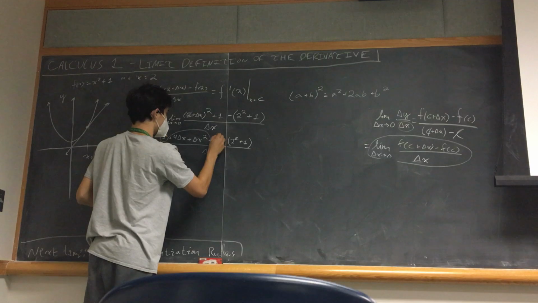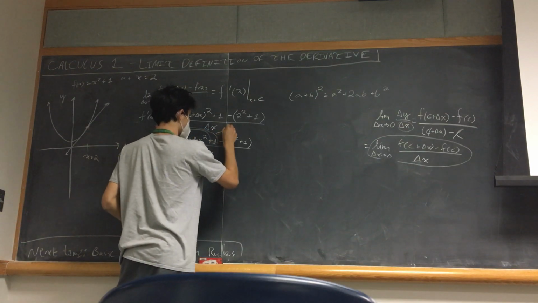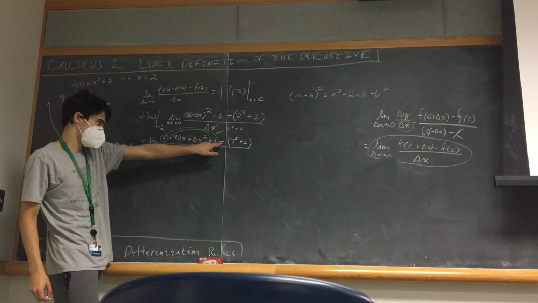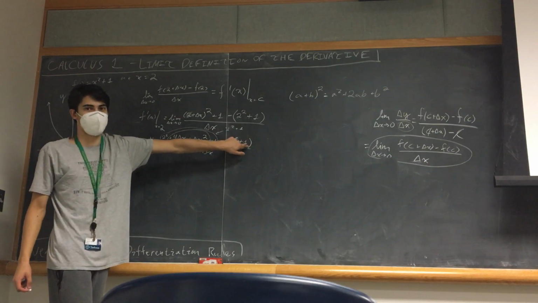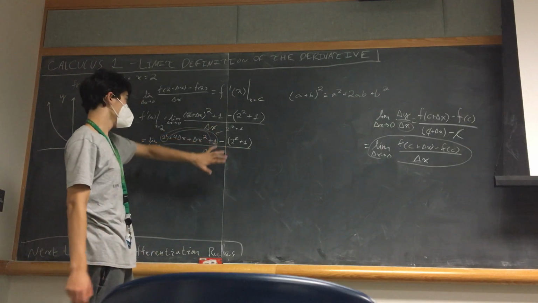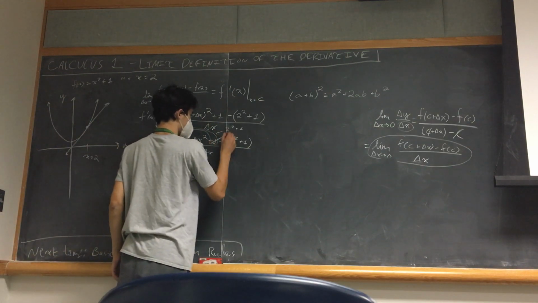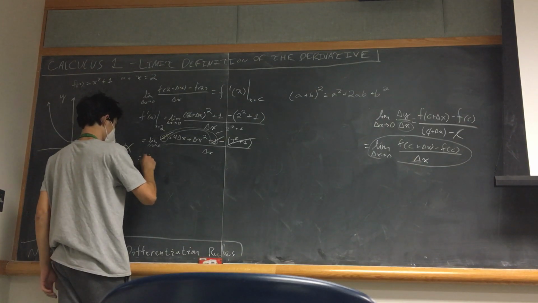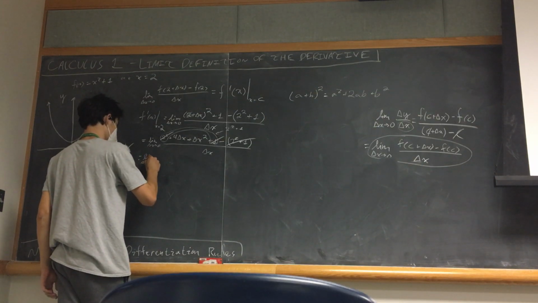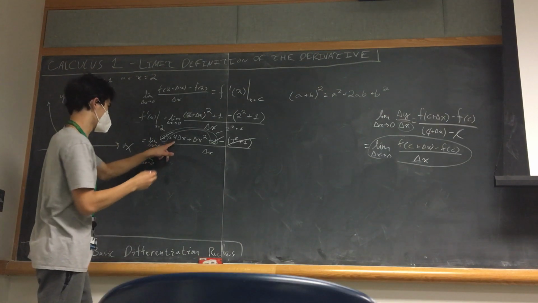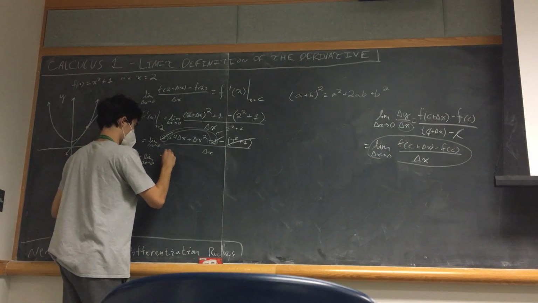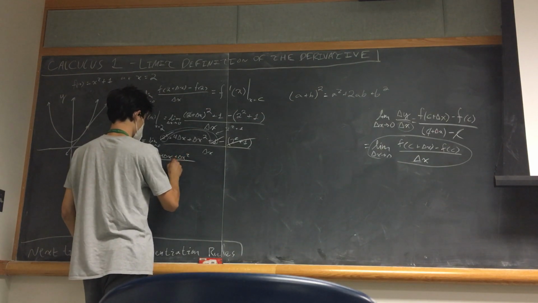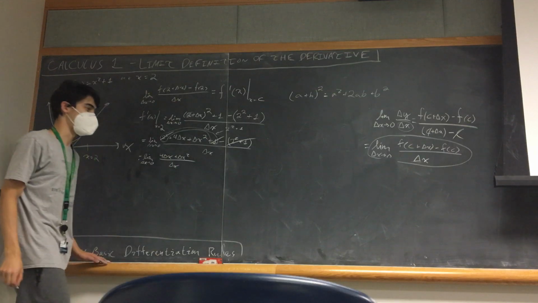We have a positive 2 squared here and a positive 1 here. So this here is 2 squared plus 1, and we subtract 2 squared plus 1 from the numerator, so these can all cancel out. And this simplifies down into the limit as delta x approaches 0 of 4 delta x plus delta x squared over delta x.